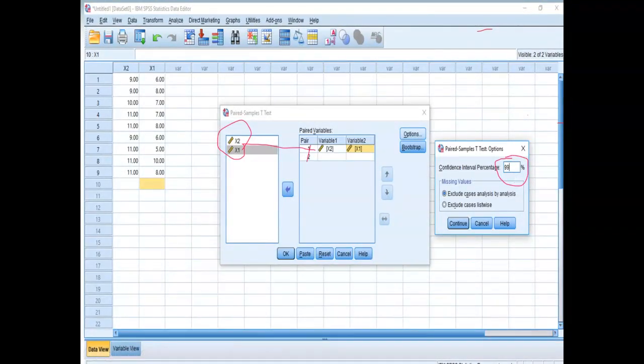So alpha is 5% by default. So you change the confidence interval to 99%. This will make your alpha 1% or 0.01, because the text suggested use alpha 0.01. Then you click continue, and then click OK.